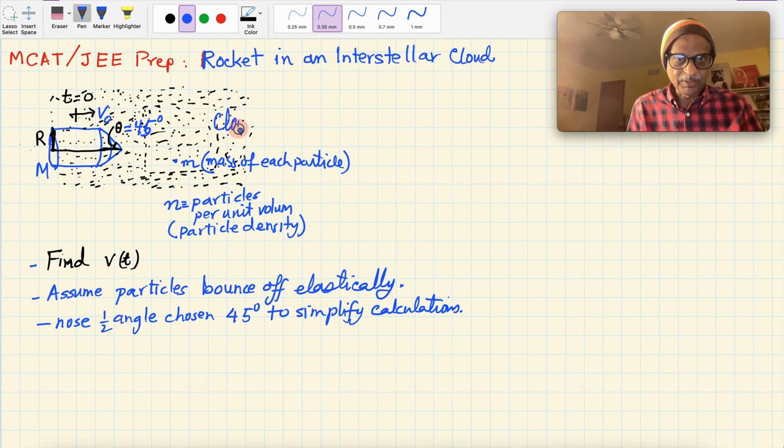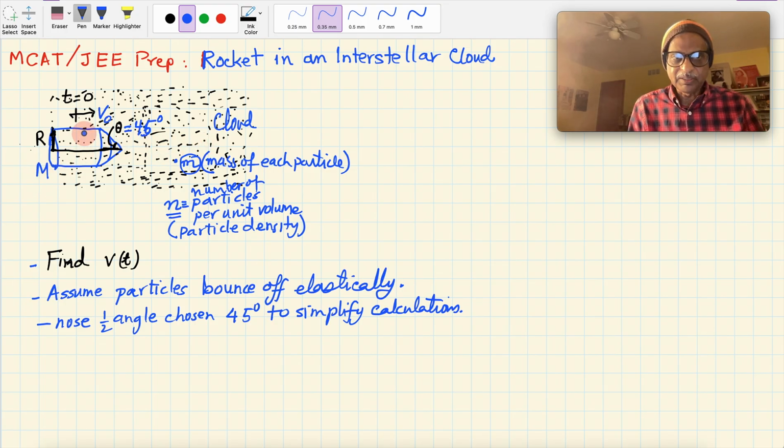So this is a cloud, and there are numerous particles here. This is the particle density, which is the number of particles per unit volume. Each particle has a little mass m, and the rocket mass is big M.